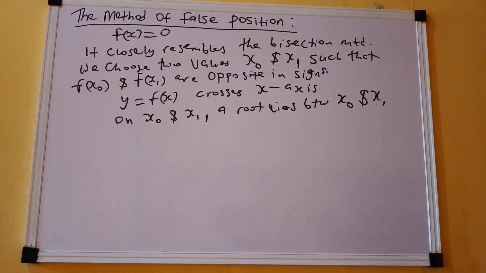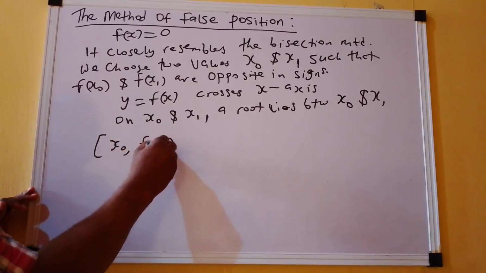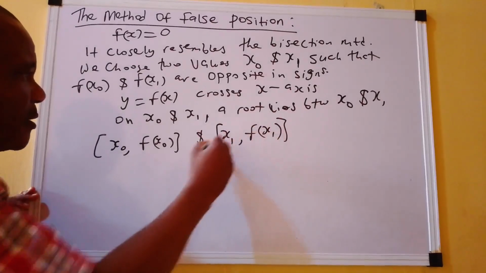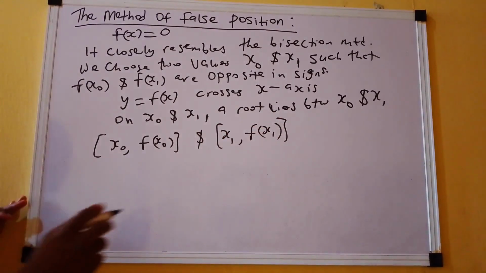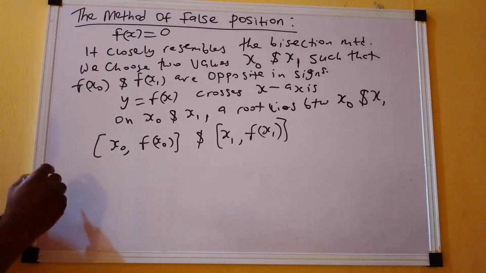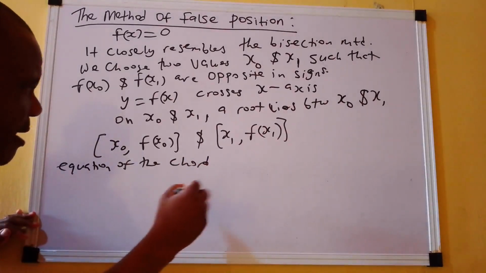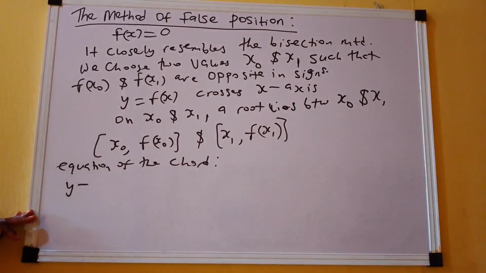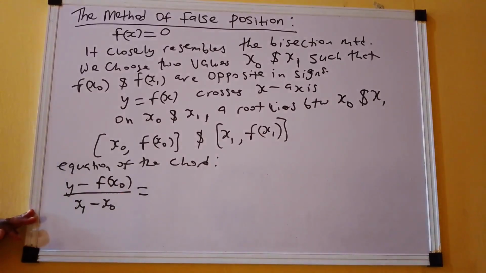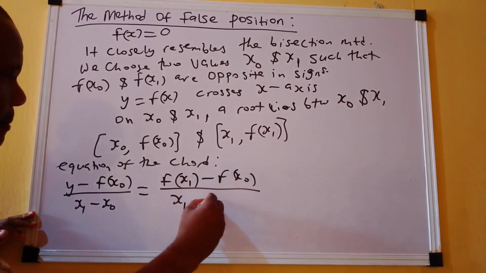So the equation of the chord joining the points x0, f of x0, and x1, f of x1, will now be: y minus f of x0 all over x minus x0 is equal to f of x1 minus f of x0 all over x1 minus x0.